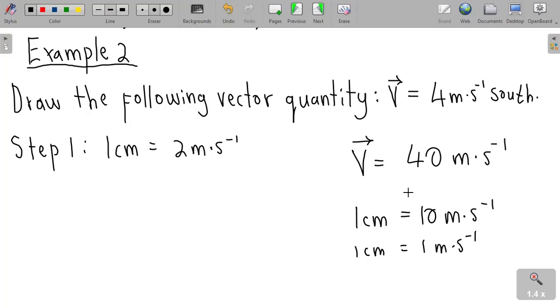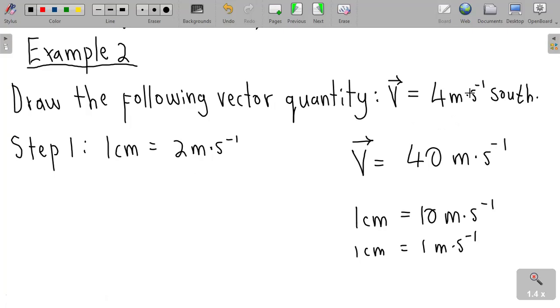So the aim of the scale that we're selecting is so that we can fit the vector onto the page. Don't select a scale that will make the vector too big to fit.